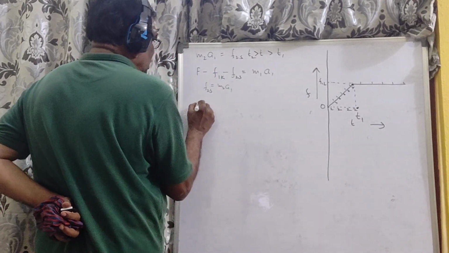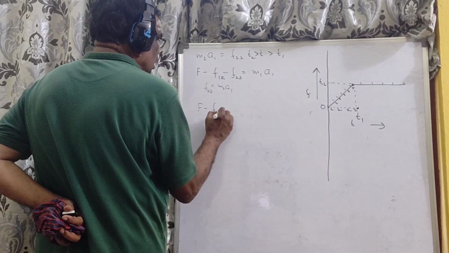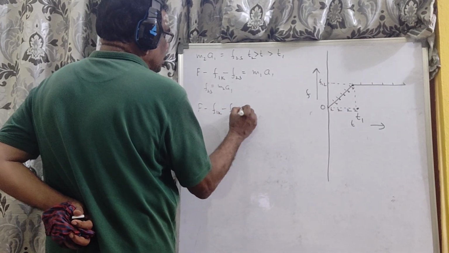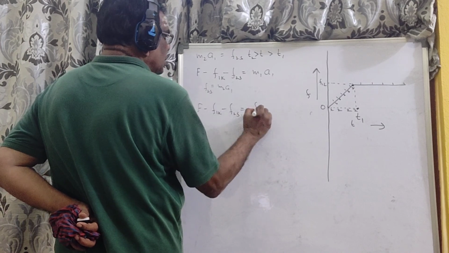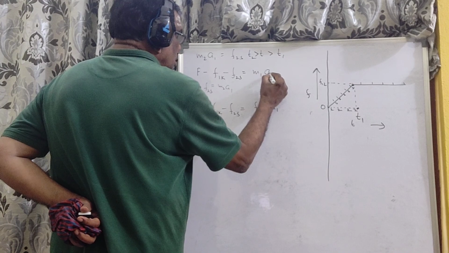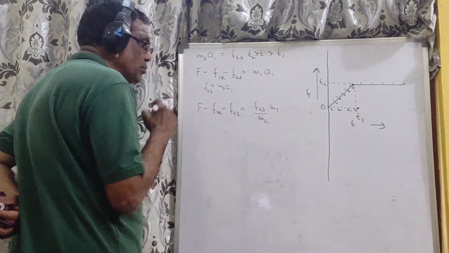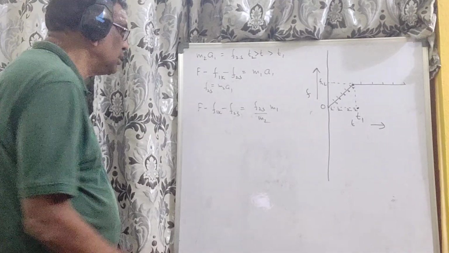Or, since I am interested in F2S, A1 I will replace. F1K minus F2S is F2S, of course, M1. M1 is F2S by M2. Got this?